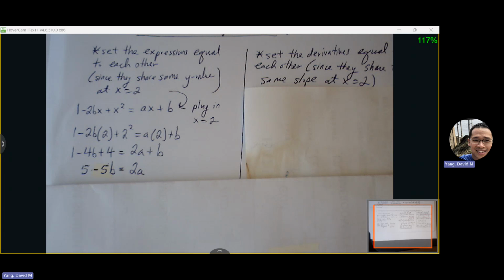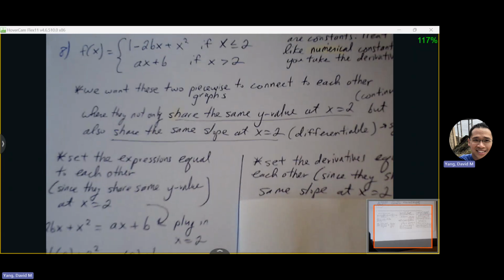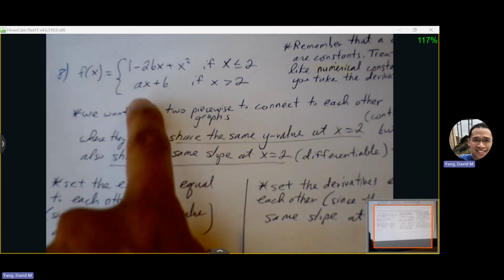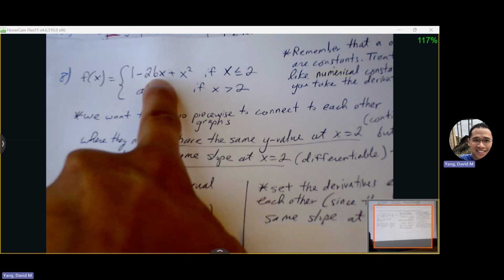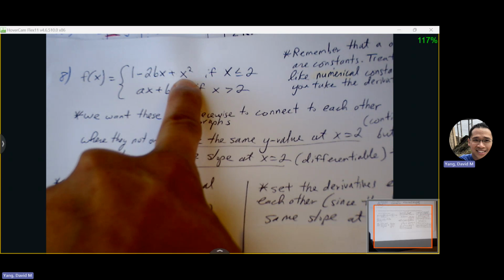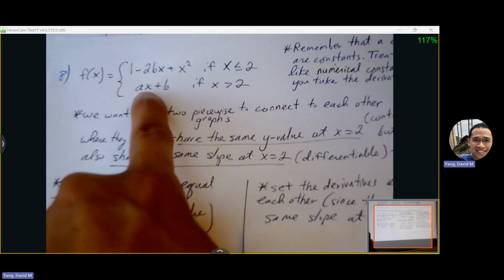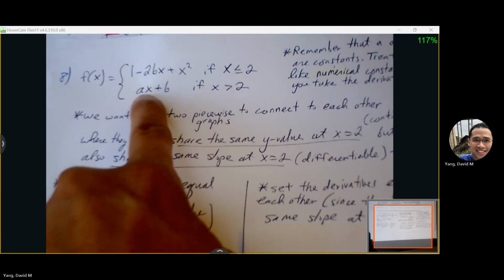Our next stage is setting the derivatives equal to each other. So what's the derivative of my first term here? The 1 goes to 0. This term becomes what? Plus, equals a.